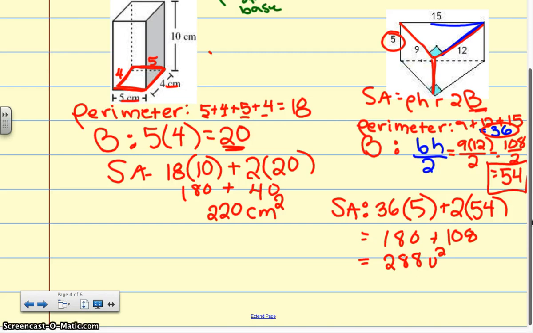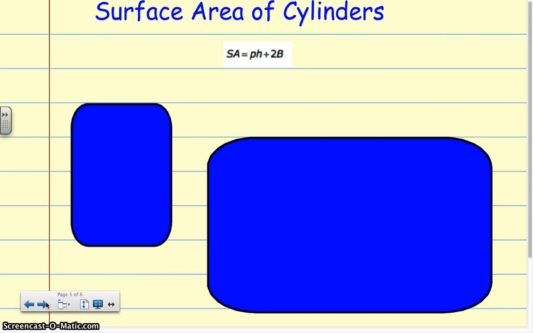All right, we're going to move on now into cylinders. Same formula, it's just the perimeter is a little different. And the area of the base is slightly different. So, if we look at a cylinder, and I said, well, what's a perimeter? This is perimeter of base. Well, a circle doesn't really have a perimeter, but perimeter means go around.